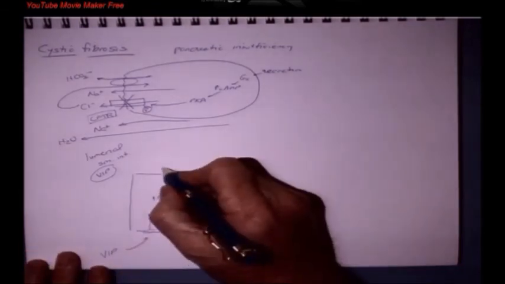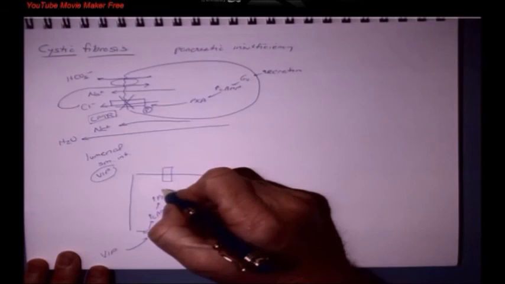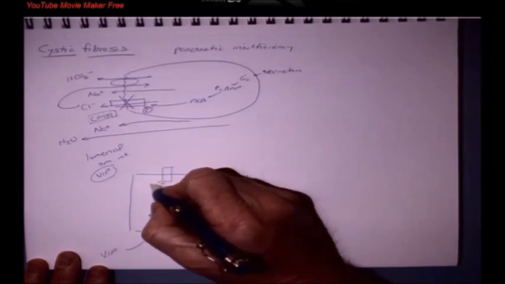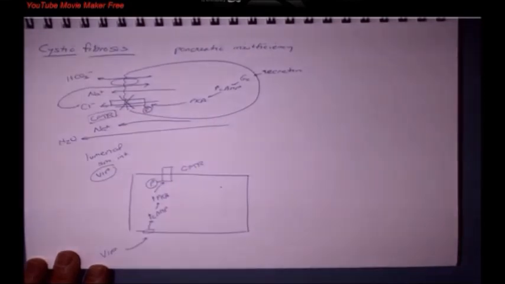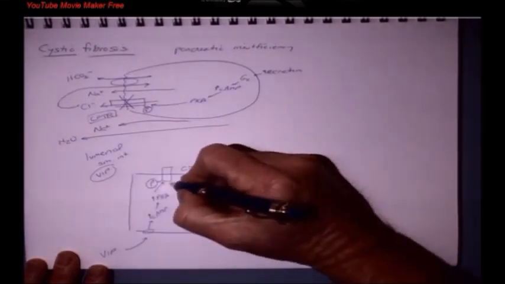What the protein kinase A is going to do is the same thing as in the ductal cells in the pancreas. This is going to phosphorylate CFTR, the chloride channel, opening the chloride channel to allow chloride ion to flow out.